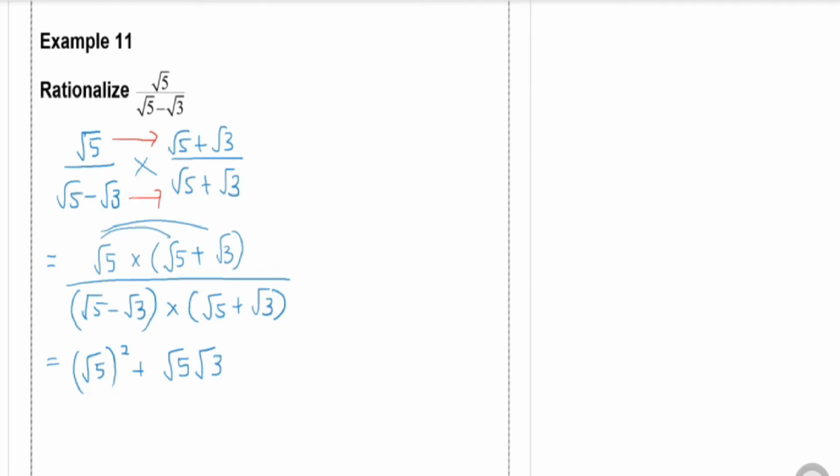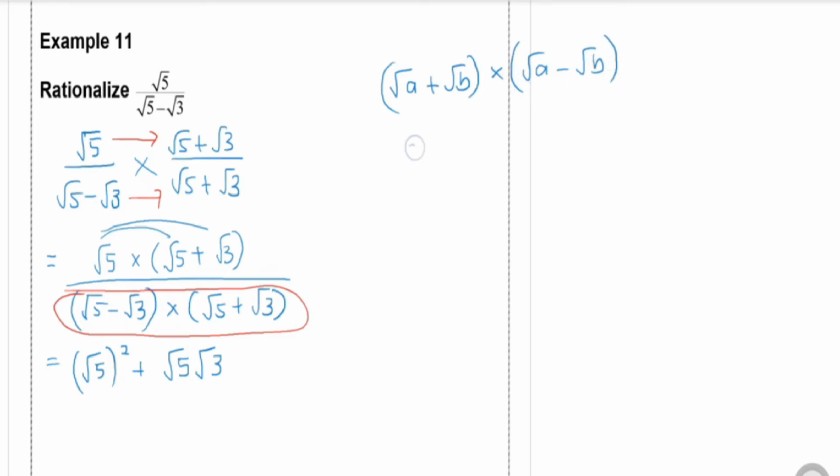And for the denominator, we need to recall what we have learned just now. If we have (√a + √b) times (√a - √b), it will be just a - b.